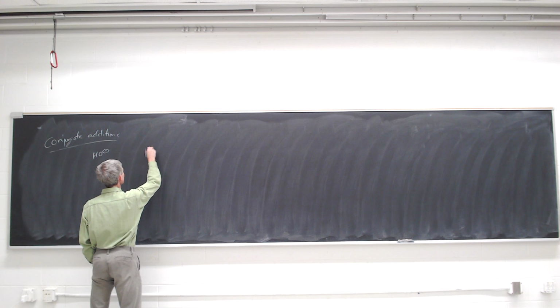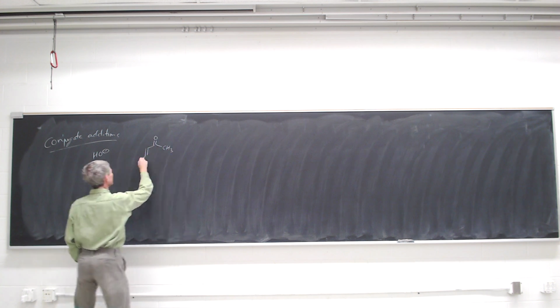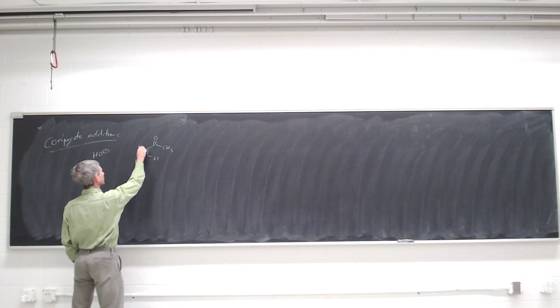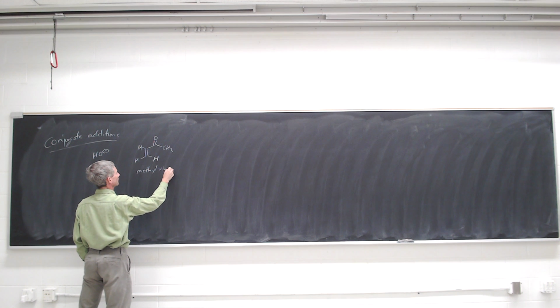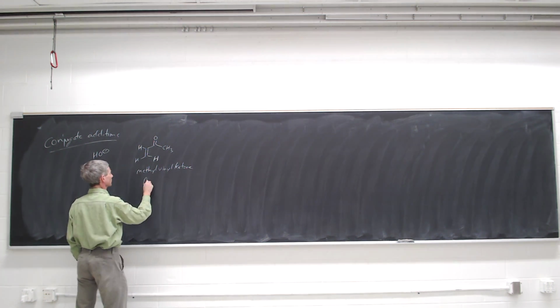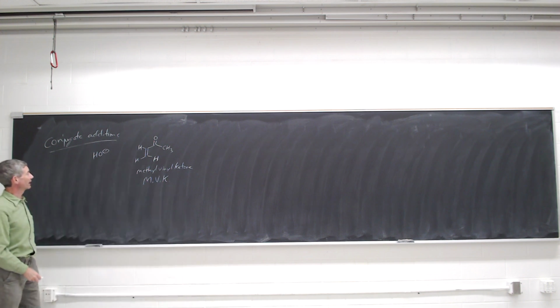So, taking an alpha beta unsaturated carbonyl compound, like methyl vinyl ketone, an important enough intermediate to get its own acronym, MVK.